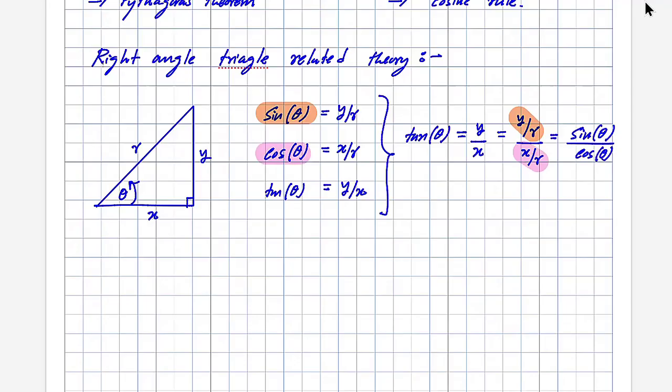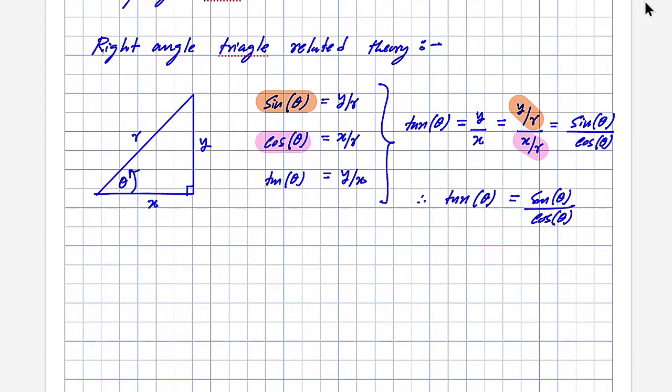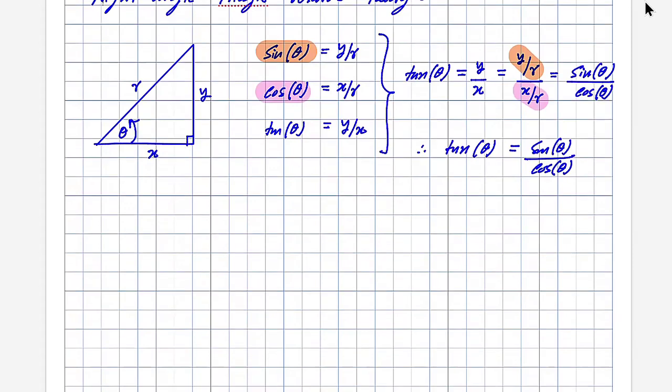So this is very important. You can write tan theta in terms of sine and cos, which is sine theta divided by cosine theta. That's very important, right? Okay. So this is the first relation we can derive.